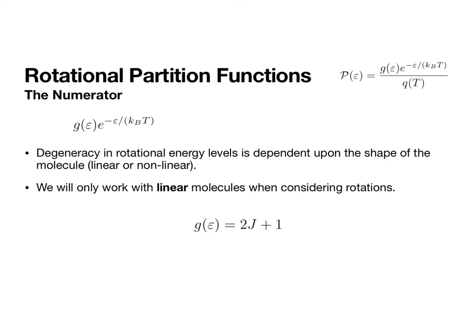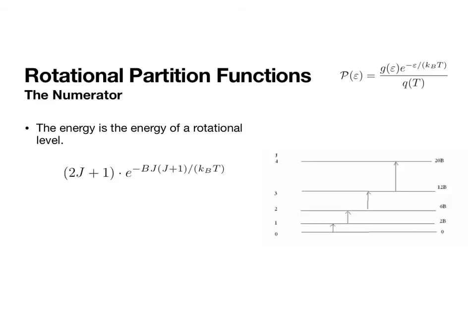Okay, so now that we know the degeneracy, we can work with the energy. And so we know that we found that the energy is B J (J plus 1). And so we can plug that into our expression, and we get this expression for the numerator of our rotational partition function.